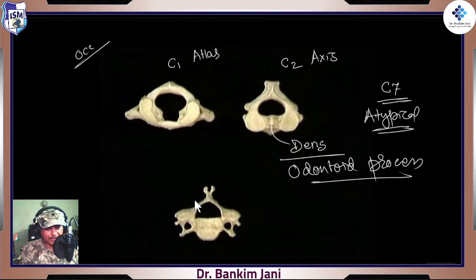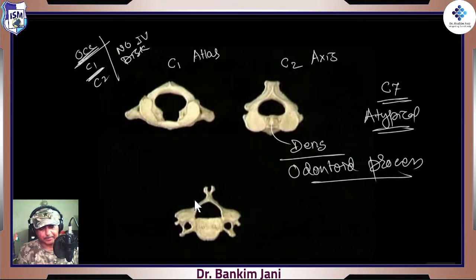So occipital, C1, C2. Over here, there are no intervertebral discs. It means entire load is on those ligaments. And there are some fantastic ligaments. So that is what we'll be watching in more detail. So that layer by layer we'll keep on dissecting till we hit the bone. Right? That's how we'll go for it.